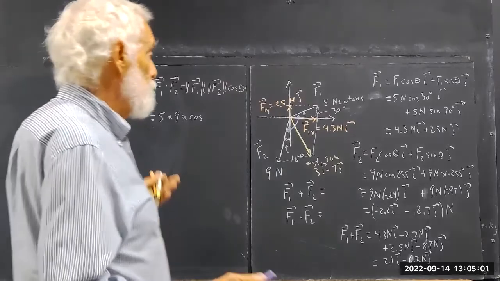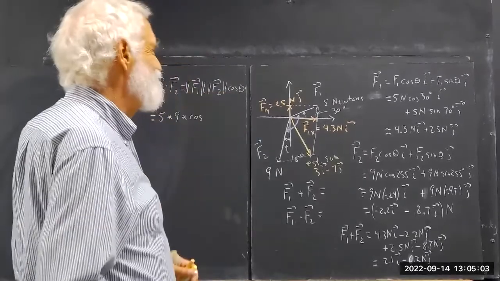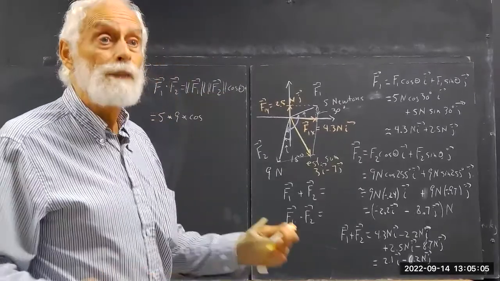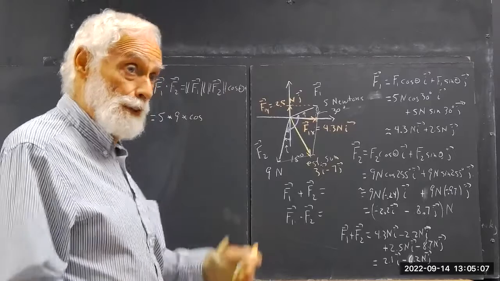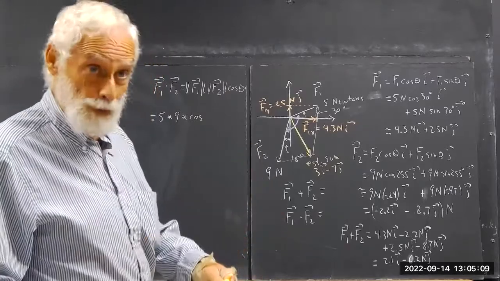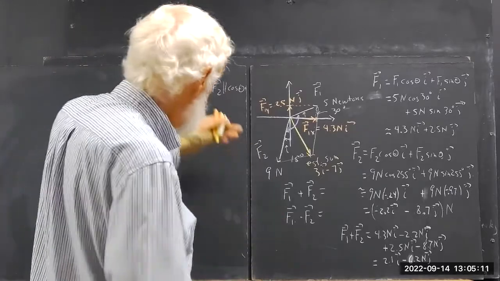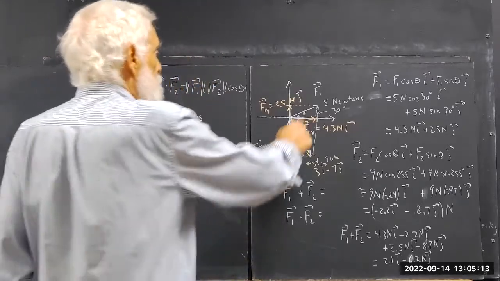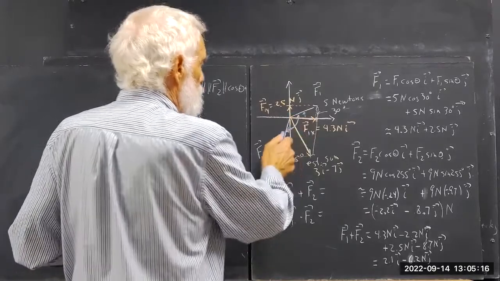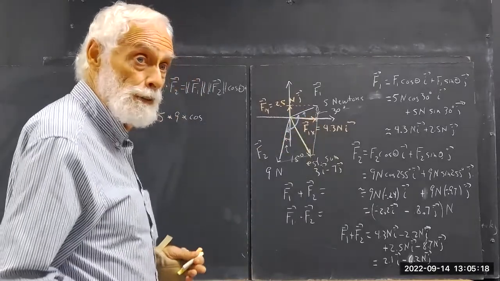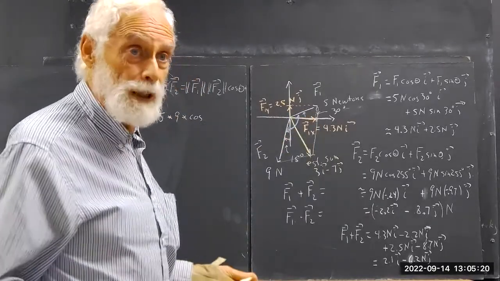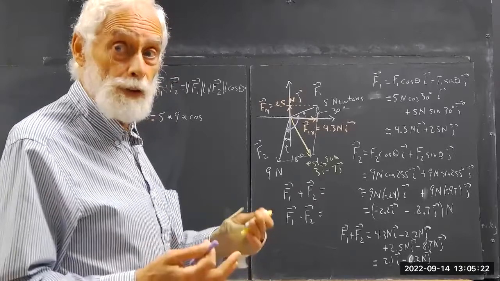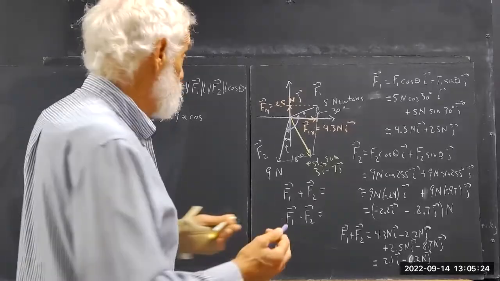The cosine is an even function. Cosine of a negative angle is the same as cosine of that angle. So it's not going to matter. If I go from here to here, I get a negative angle. If I go from here to here, I get a positive angle. Might as well just use the positive angle, again, since the cosine is an even function.